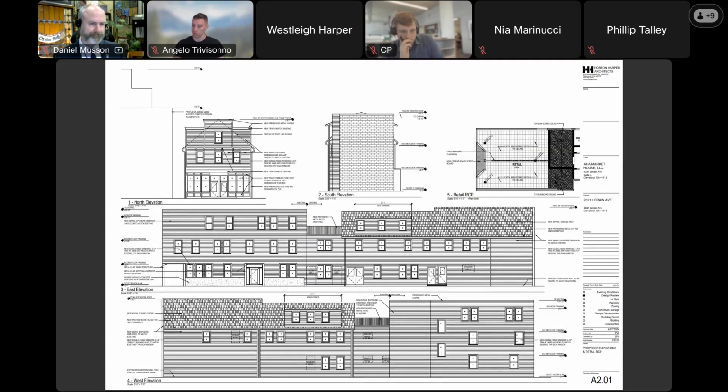So here we have the proposed elevations. The north elevation at the top left shows essentially a rehabilitated storefront, with replacement of siding and trim to match existing. In the front, between the 3 windows, there's a scallop profile to the siding. We would be recreating that scallop profile and essentially matching what's there now.